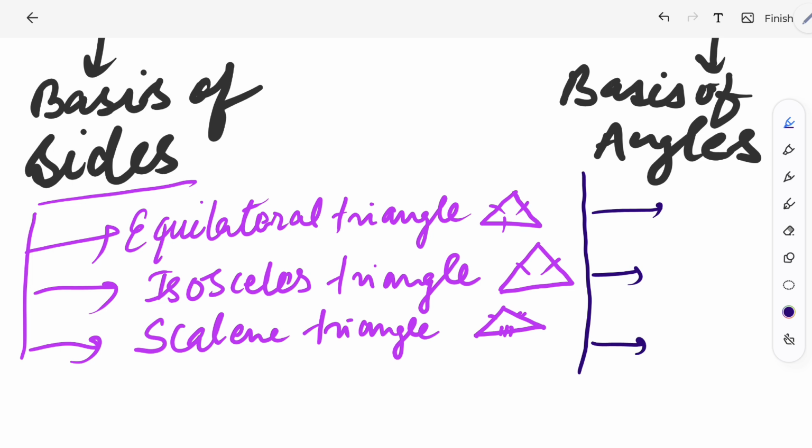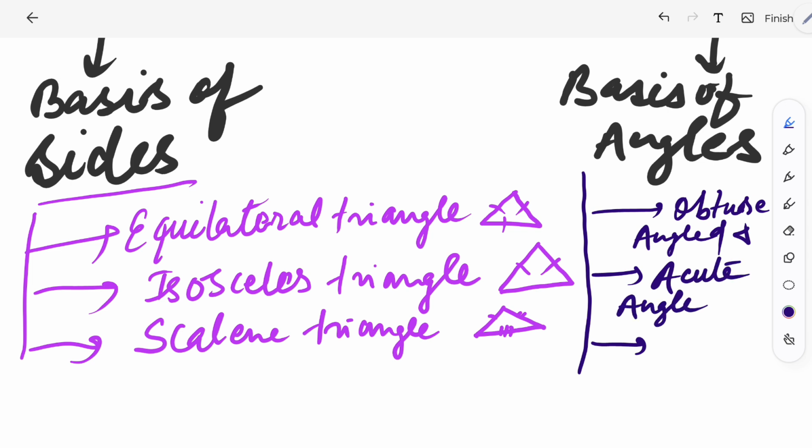One is the obtuse angled triangle, second is the acute angled triangle, and the third one is the right angled triangle.